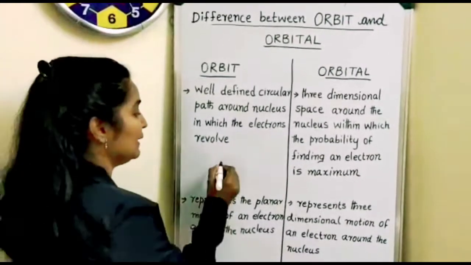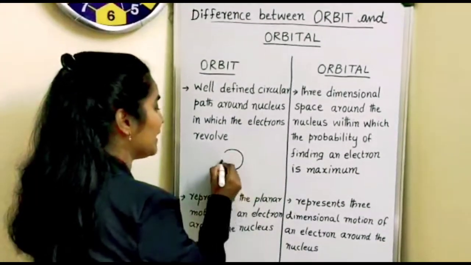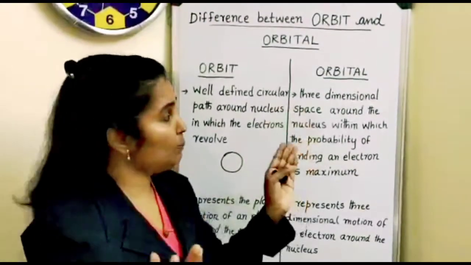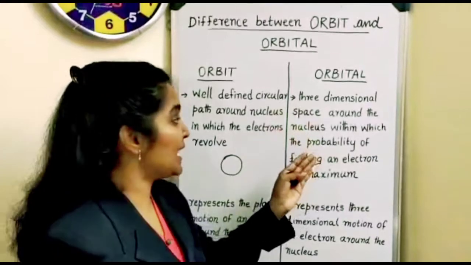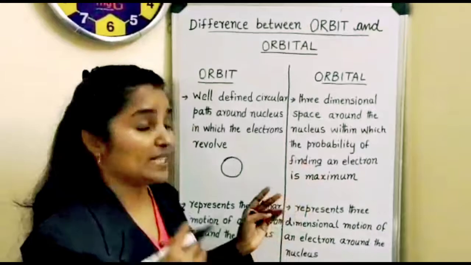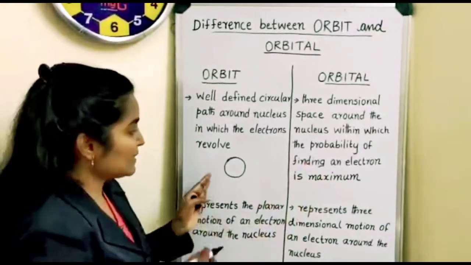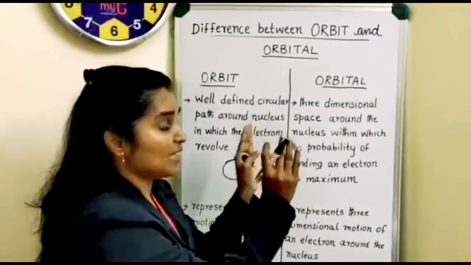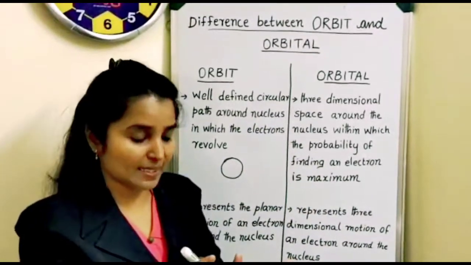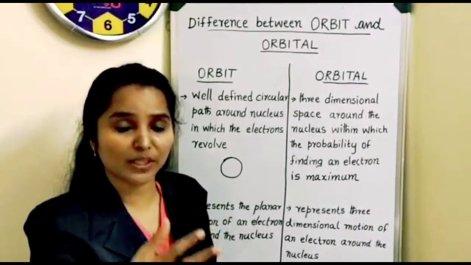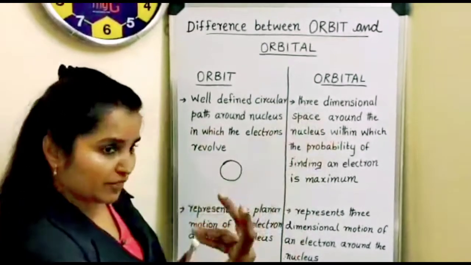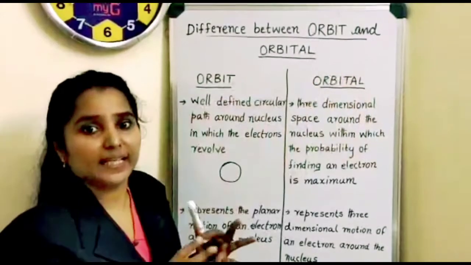But an orbital is a three-dimensional space around the nucleus within which the probability of finding an electron is maximum. That means it is not a plane structure. It is three-dimensional. You know the difference between something that is written or shown in a plane and what is three-dimensional. That means it will project the front, back, sides, every side.